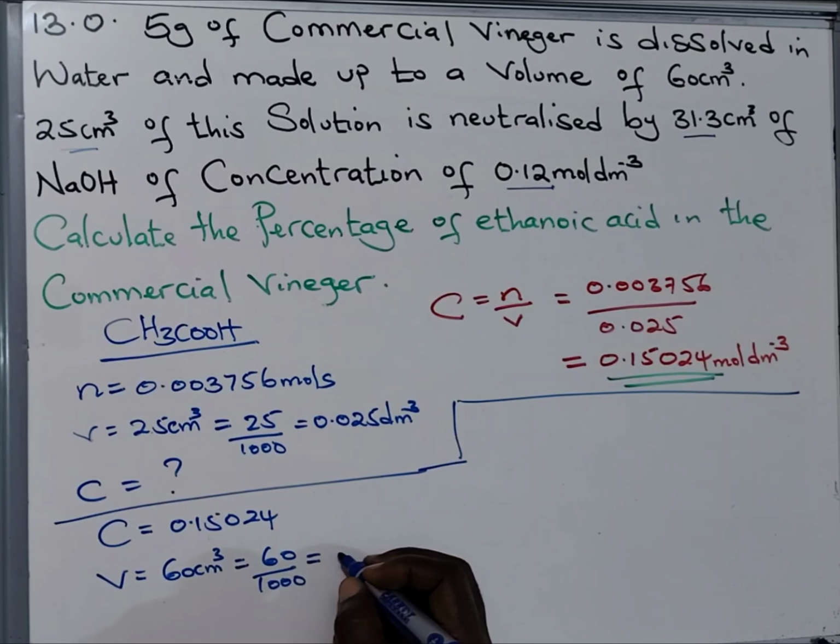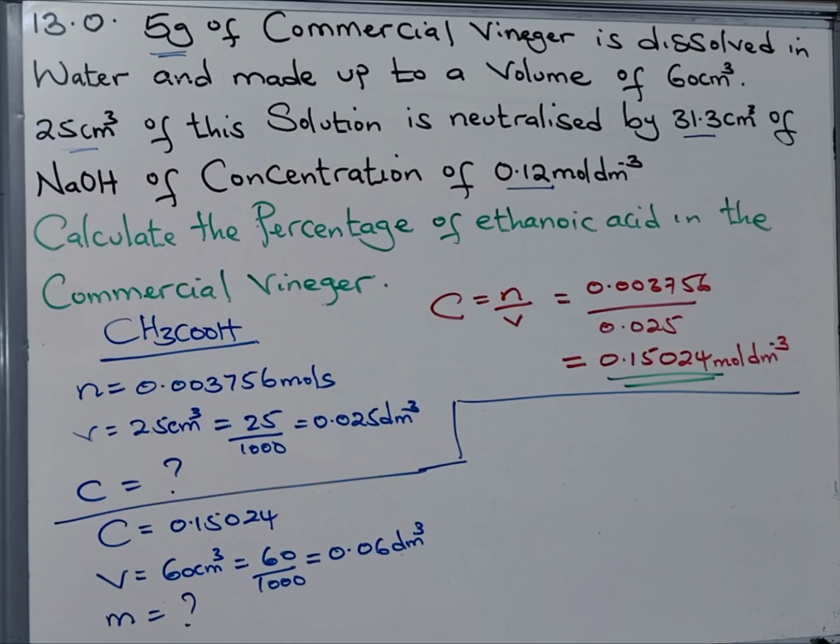So the answer is going to be 0.06 cubic decimeter. And what are we looking for? Now, if this one is quoted in mass, here you have to quote mass. So we are looking for mass.